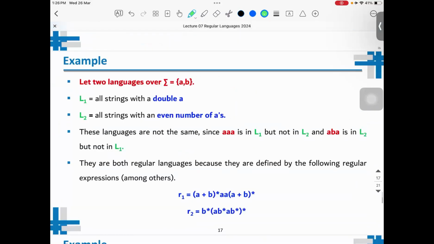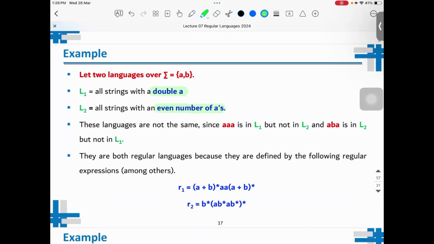So let's do one example. For example, L1 is the language that consists of double A, and L2 consists of an even number of A's. These languages are not the same. Why? Since 3 times A is in L1, but it is not in L2 because 3 is not an even number.